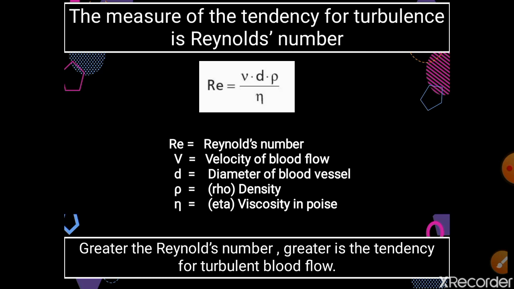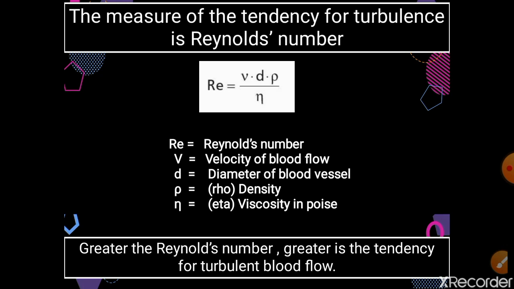As the velocity or the speed of the car increases, there are more chances for this car to skid and move out of its lane and move into the lane of other cars, causing turbulence. Same is the case with blood.